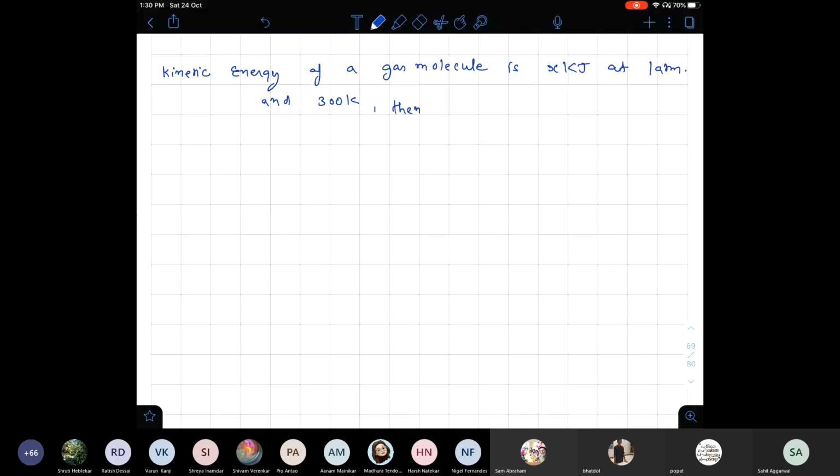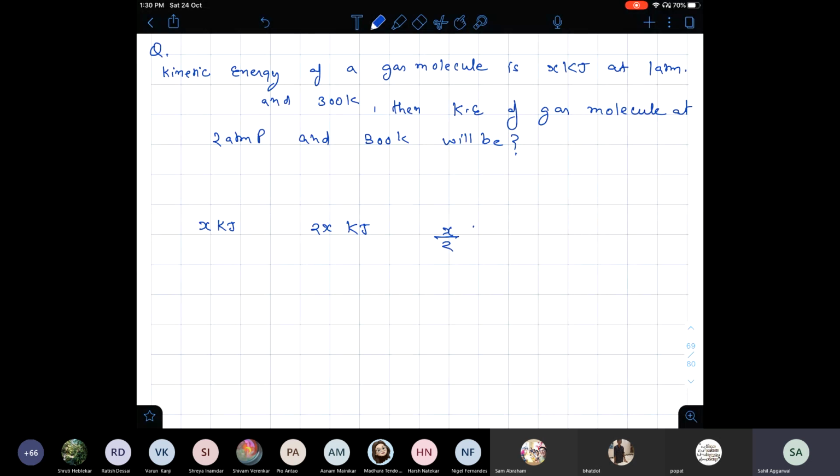Then the kinetic energy of a gas molecule at 2 atmospheric pressure and 300 Kelvin will be: x kilojoule, 2x kilojoule, x by 2 kilojoule, 4x kilojoule.